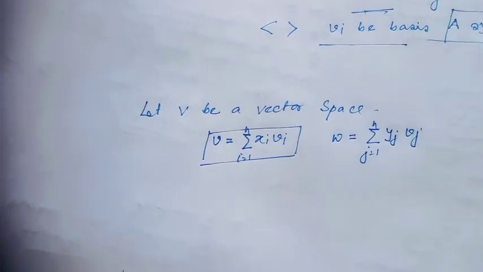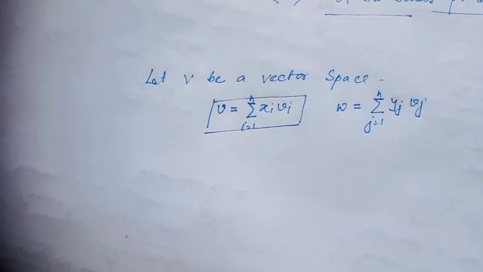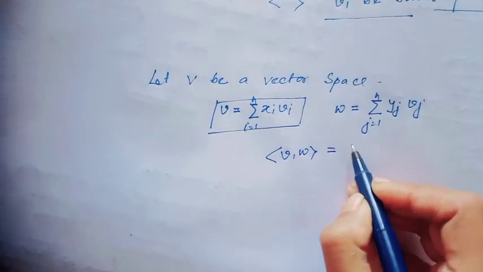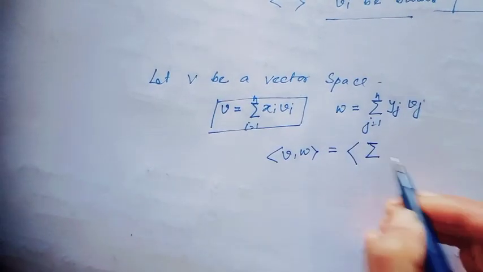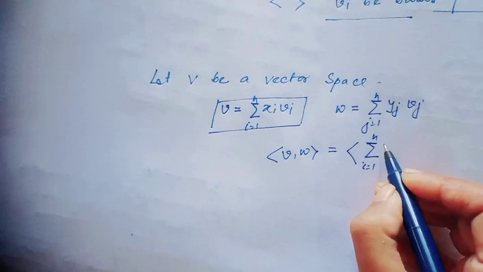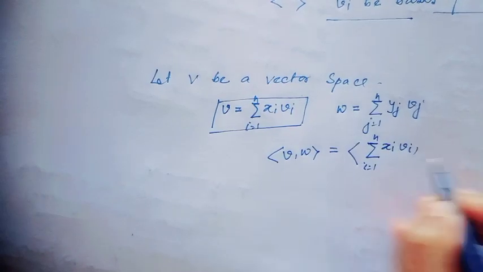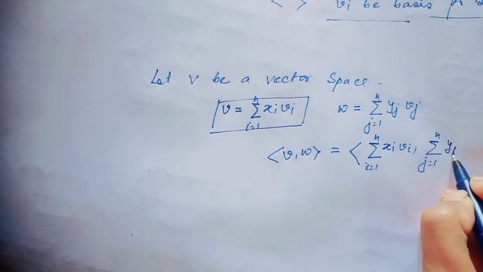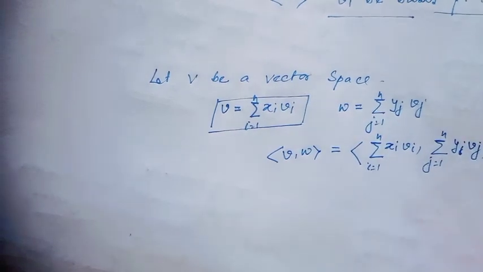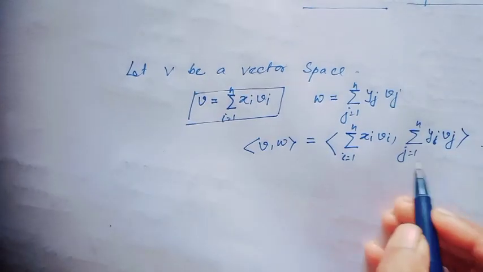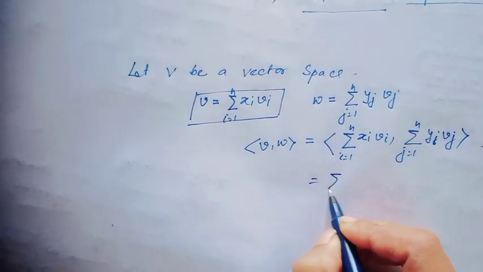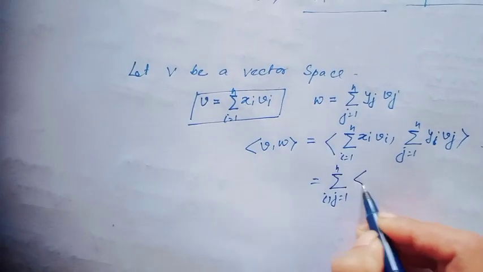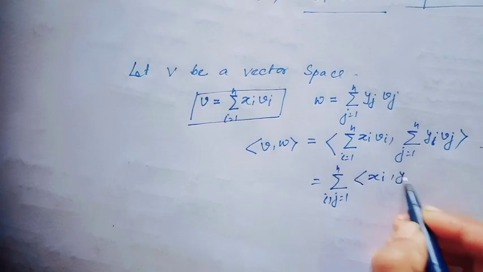Then the inner product of v with w would be the inner product of summation i = 1 to n xi vi, comma, summation j = 1 to n yj vj. And we can write this as summation over i, j running from 1 to n of the inner product of xi vi, yj vj.